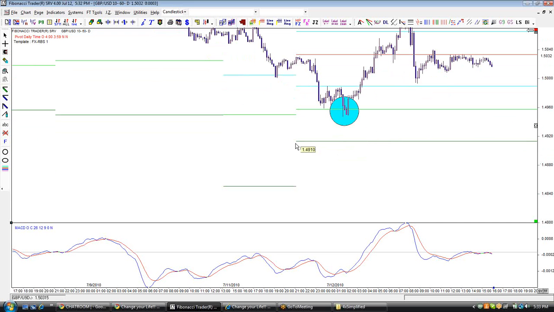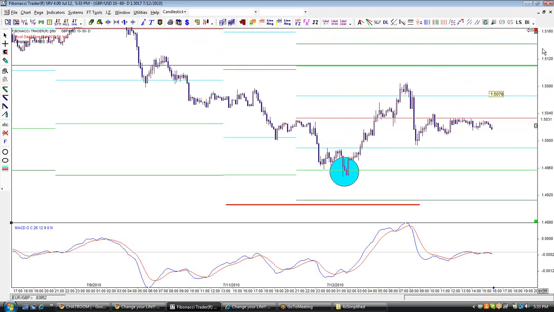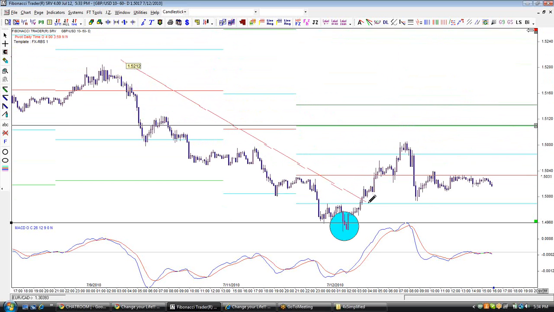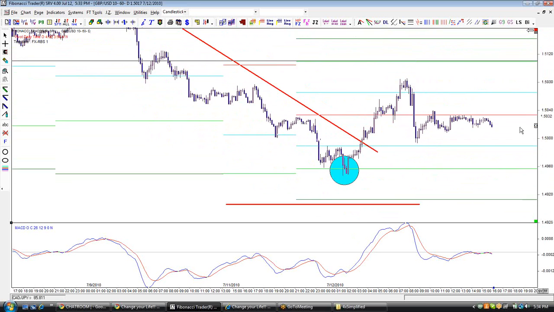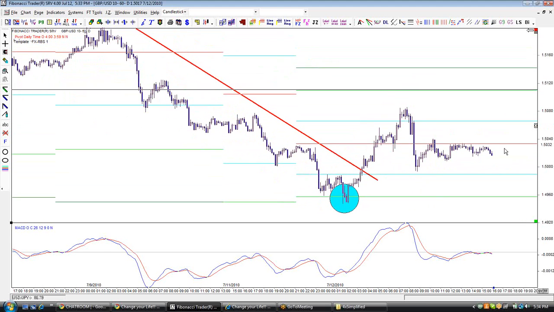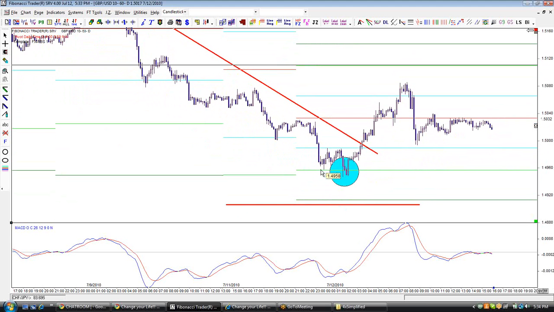Well, below I don't have any other support levels because price was in a downtrend. And I have absolutely no idea where to place the stop unless I trade with a candlestick formation and place the stop below the candlestick formation. I can't place a stop. And if I want to enter at a certain level, where will I put my stop?